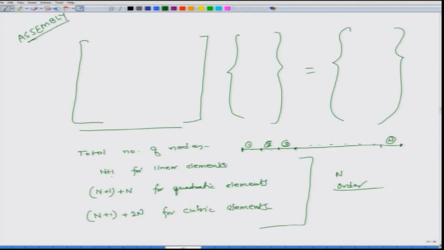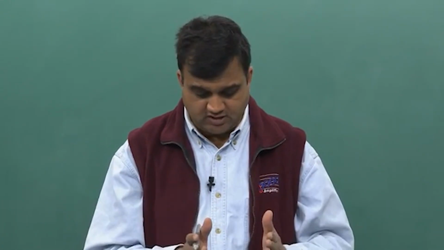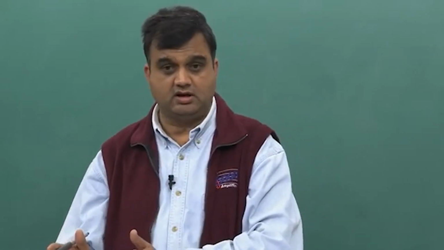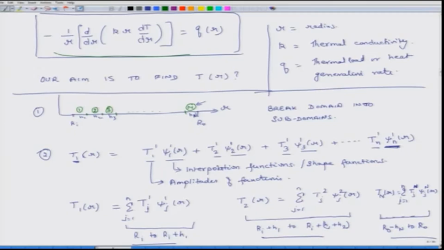Once we have done the assembly, I have captured the whole geometry of the system in my equations. We started from r equal to ri to r equal to r naught, so the whole geometry is captured. Also, I have captured material properties, because when I am finding the error, material property is coming in.